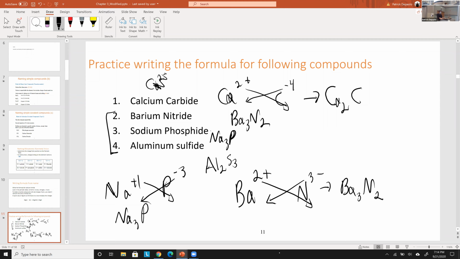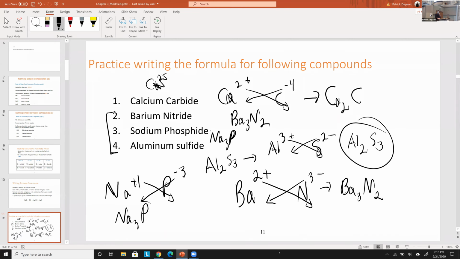So Al2S3, perfect, because aluminum is 3+, it's in 3A. Sulfur is 2-, and you can just look, what's the least common multiple between them? If you have 2 aluminums and 3 sulfurs, +6, -6, and that works. Or just do crisscross like that, Al2S3.